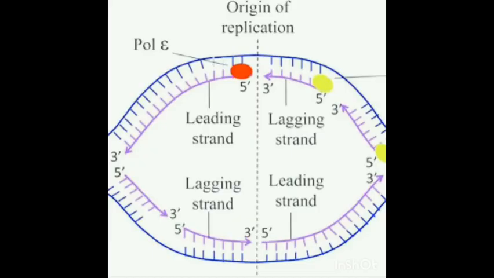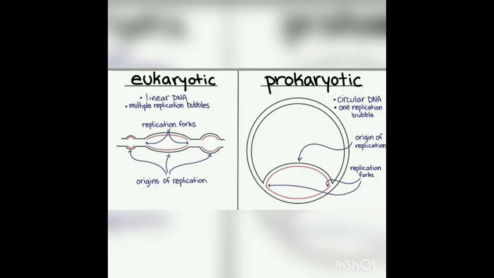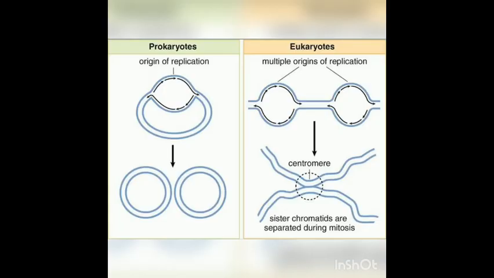Replication begins at the initiation site called the origin of replication. In prokaryotes, there is only one origin of replication, whereas in eukaryotes with large DNA molecules, there can be several origins of replication, called replicons.